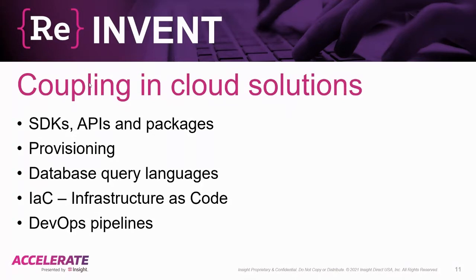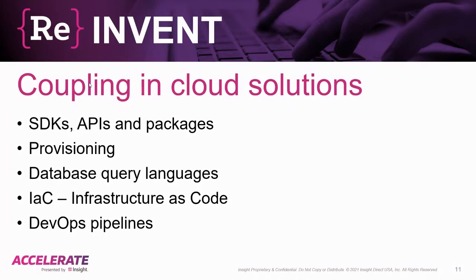Sometimes there are database query languages that are going to be specific to each provider. That would be something like a NoSQL database might have a different implementation of the actual query languages from some standard like SQL language that's abstract or generic. And then we have infrastructure as code.